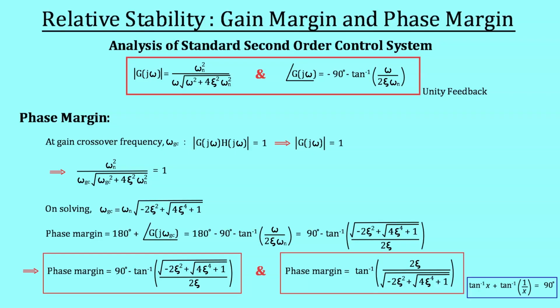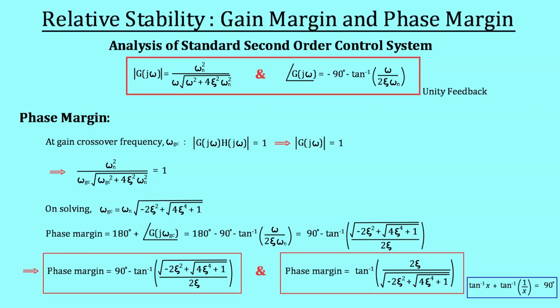There is one trigonometric identity which is tan inverse x plus tan inverse 1 upon x equal to 90 degrees. By using this identity, we can slightly modify the expression of phase margin such that it is equal to tan inverse of 2 zeta divided by under root of minus 2 zeta square plus under root of 4 zeta raised to the power 4 plus 1. In different books, either of these two formulas could be present.